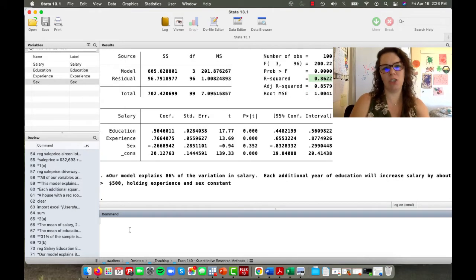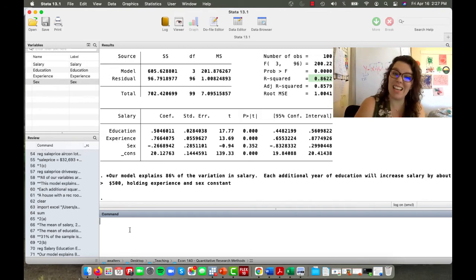We could also say that each additional year of experience is going to tend to increase salary by about $766, right? And those are both statistically significant, but sex is not statistically significant and it's negative.